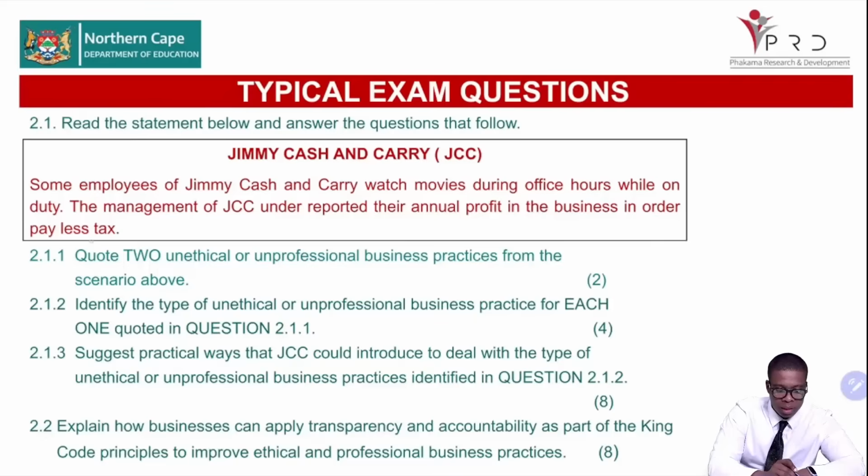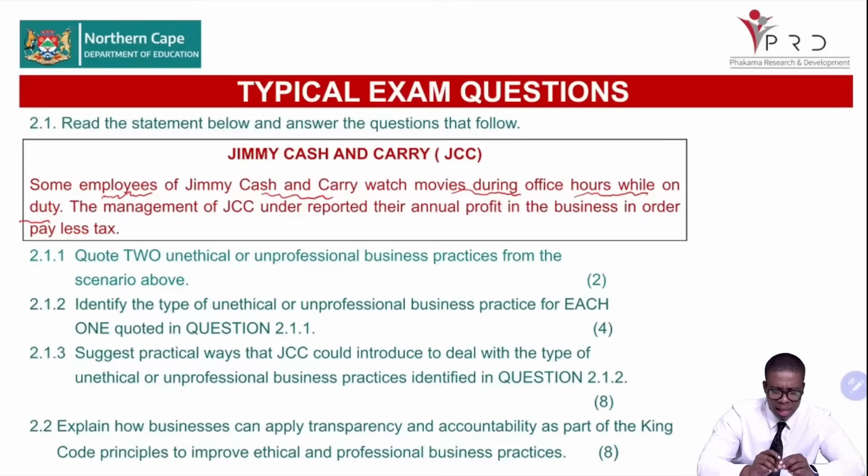So what we are seeing from Jimmy Cash and Carry, according to the scenario, it says here, some employees of Jimmy Cash and Carry watch movies during office hours while on duty. Now, let's think about it.